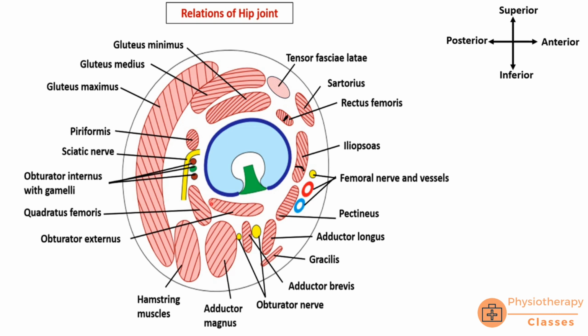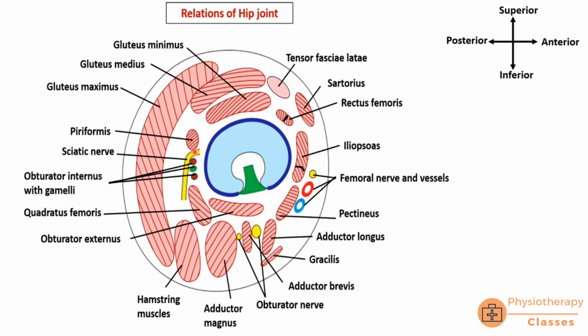So this part of obturator externus, and then we have the quadratus femoris, then we have the piriformis muscle. And we can see here, this is the tendon of obturator internus with the two gemelli. Remember the muscles which were responsible for the lateral rotation present on the posterior aspect? So that is same here. So we'll start from here. So first is piriformis, then is obturator internus with the two gemelli, part of obturator externus and quadratus femoris.